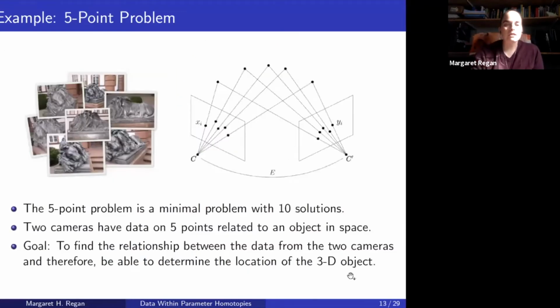And so let's go back to our 5-point problem and see how, within this randomization, using path data can impact our randomization technique and the effectiveness of our algorithm. So the 5-point problem here that I talked about before, this is an image of various images that were taken of a 3D object.